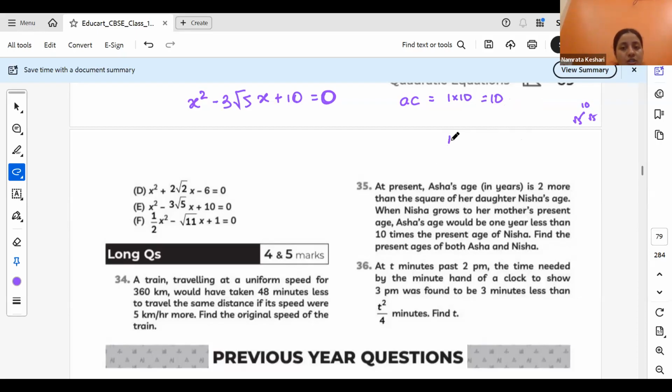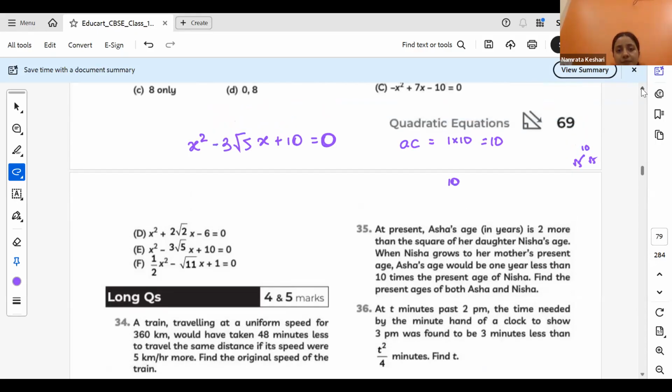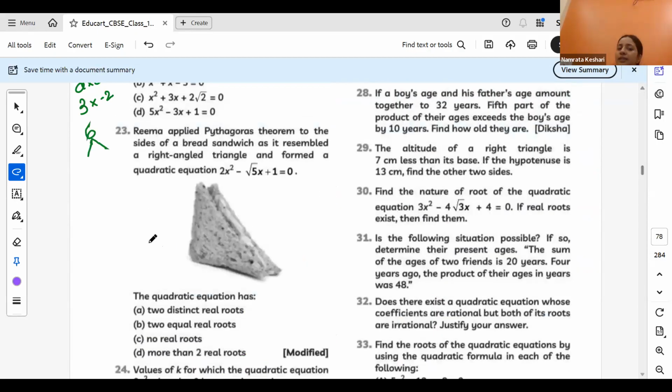Our multiplication is 10. But before proceeding, have you learned in class 9 that 2 root 3 plus 3 root 3 is what? 5 root 3. Similarly, 6 root 5 minus 4 root 5 will be 2 root 5.